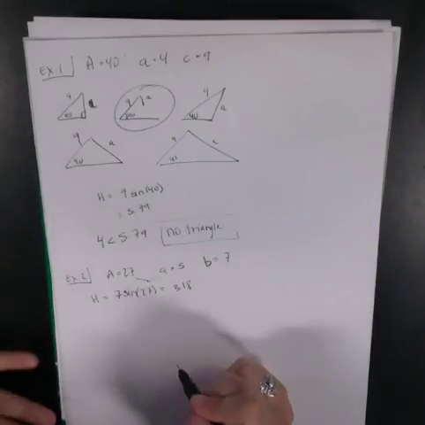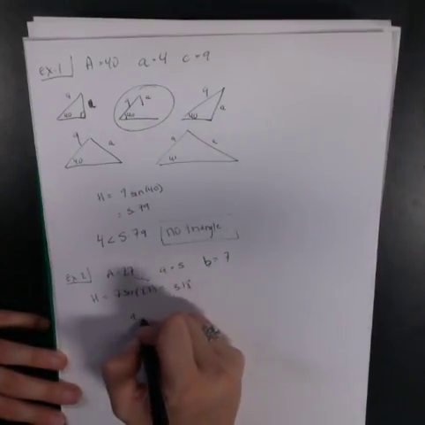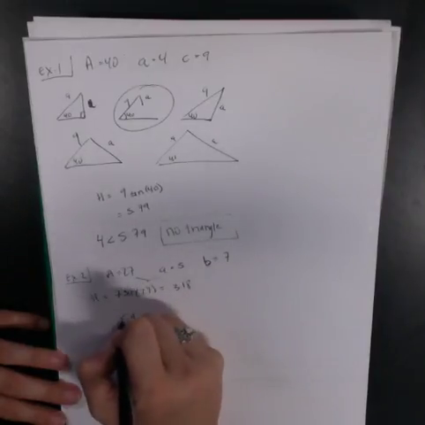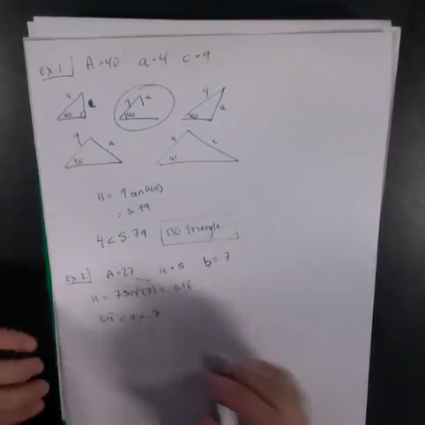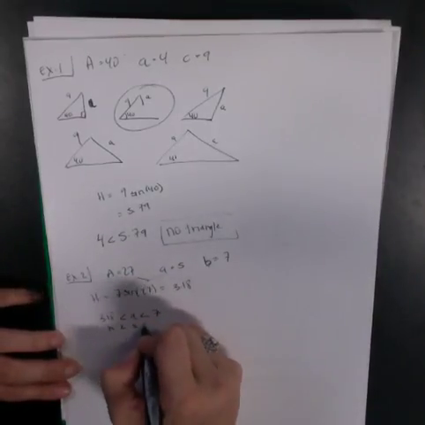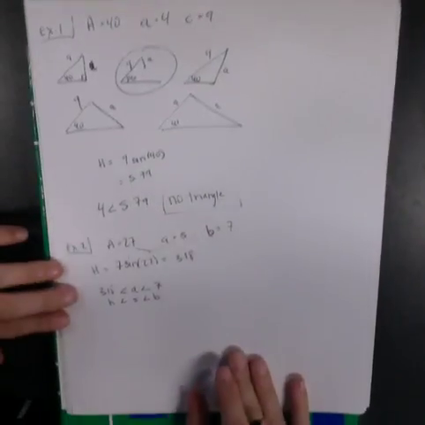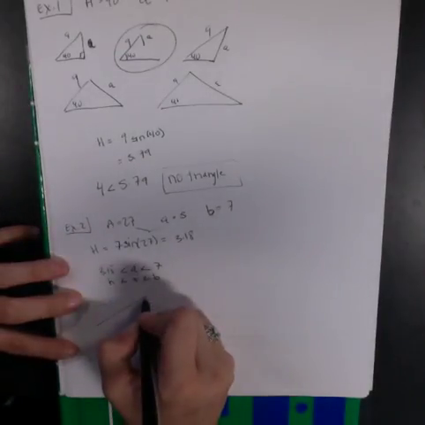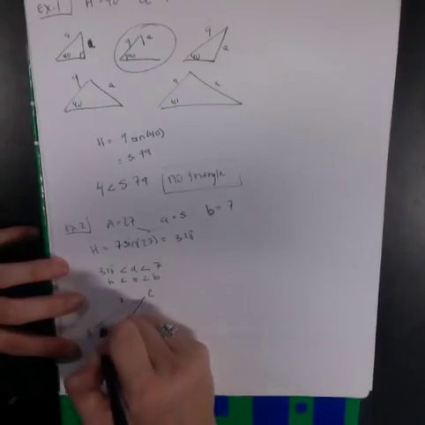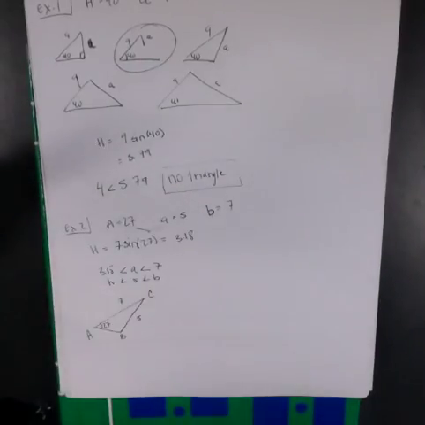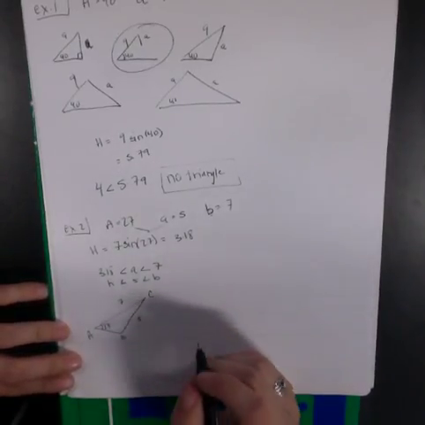So then I know that my h is 3.18, a, which is 5, is greater than 3.18 and less than 7. a is in between h and b, which means I have two cases. The ambiguous case is one of them. So I could have a triangle that looks like this. a, b, c. This is 7, this is 27, this is 5. And I use the law of sines to be able to solve for b.